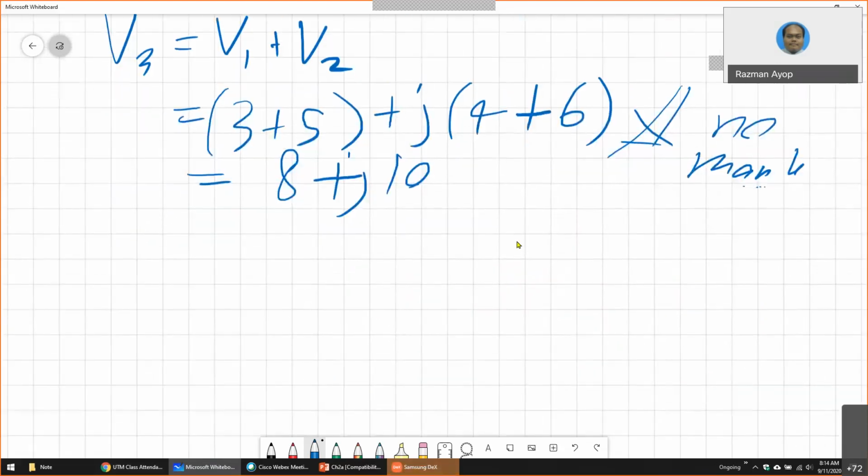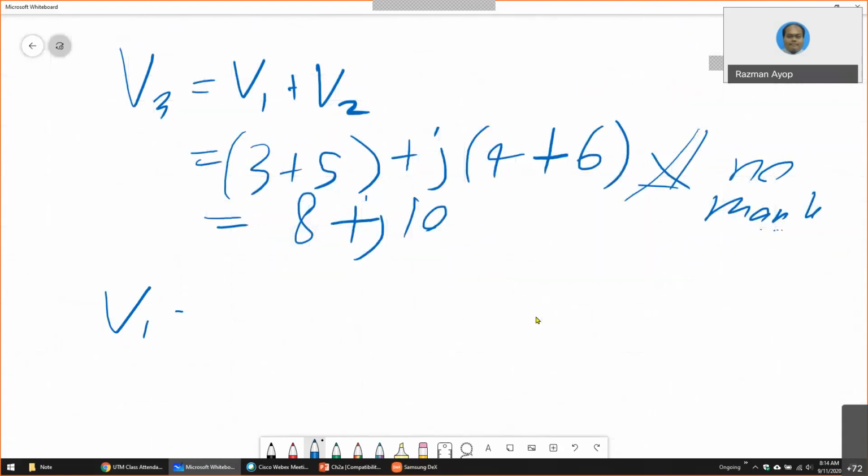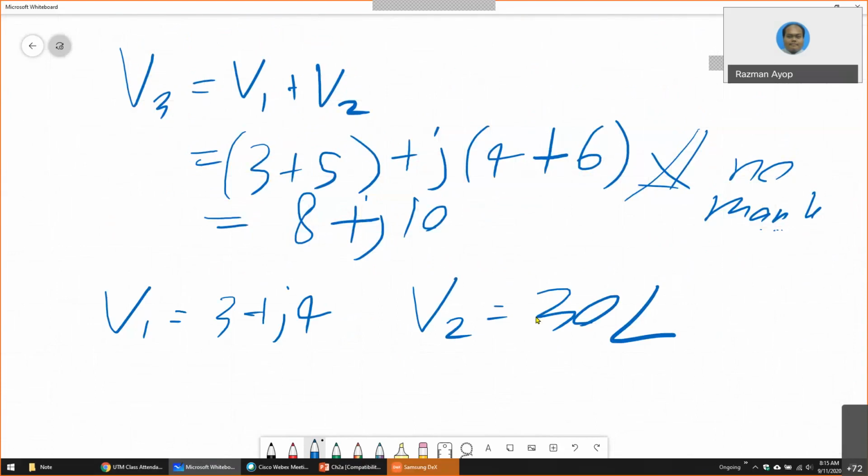The weakness of using the manual way is, for example, V1 equals 3 plus j4 and V2 is 50 at negative 60 degrees. In this case, you cannot just add directly.